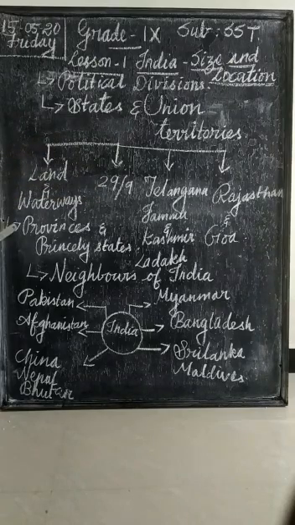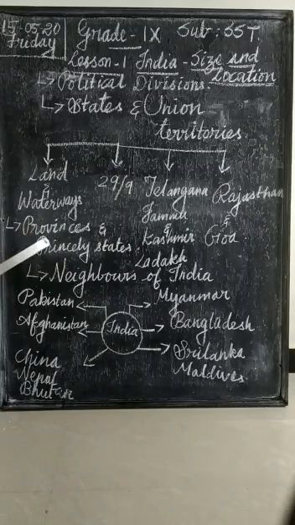Moving on to understand provinces and the princely states. What do you mean by provinces? Students, before 1947, there were two types of states in India, the provinces and the princely states. Provinces were ruled by British officials who were appointed by the Viceroy.